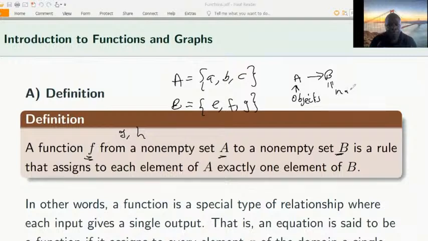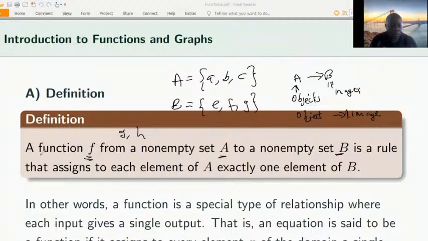What that therefore means is that every object must have exactly one image.